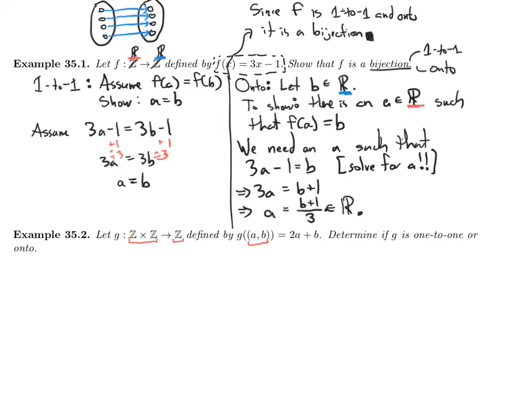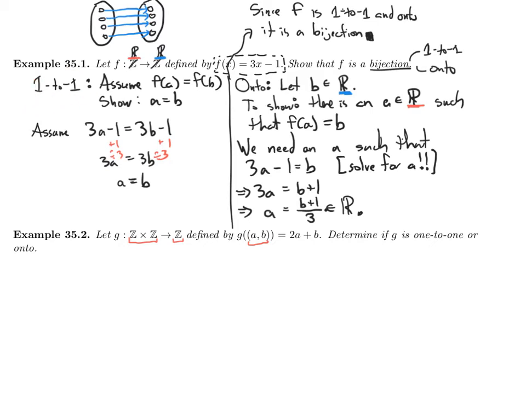If it's 1-to-1, we should be able to do a proof like the above to show it. And same with onto. But if they're not 1-to-1 or onto, then we should be able to come up with a counterexample for each of them.